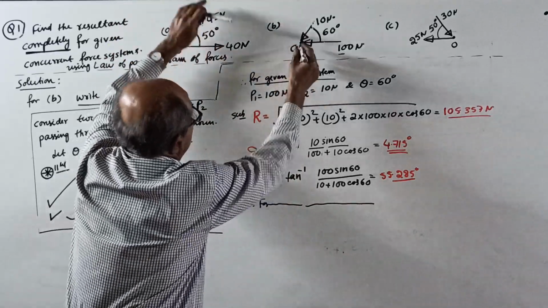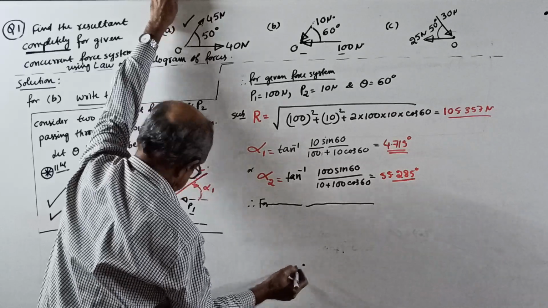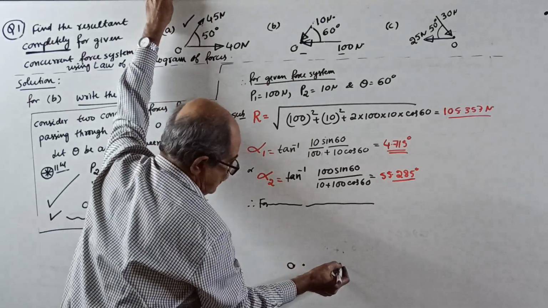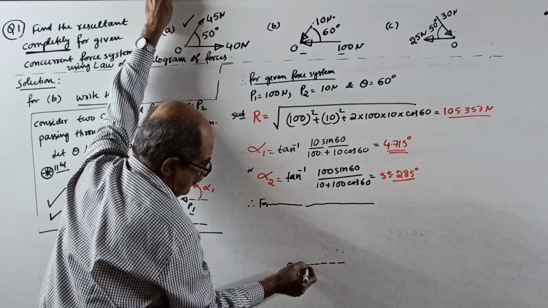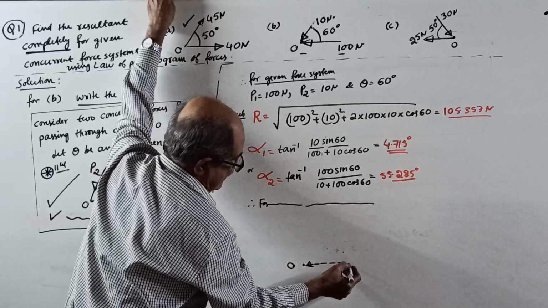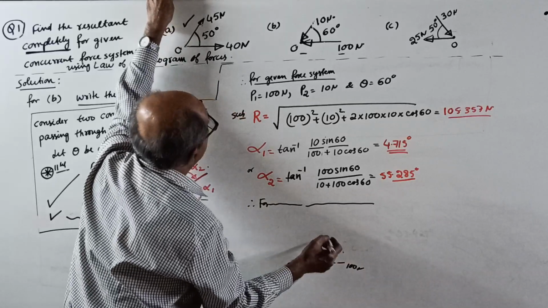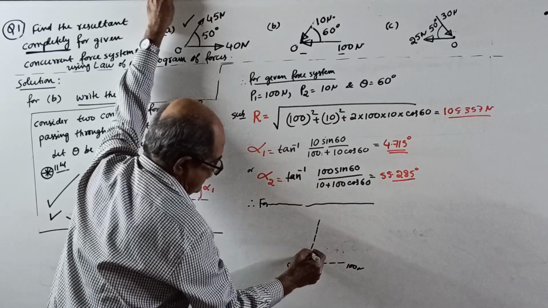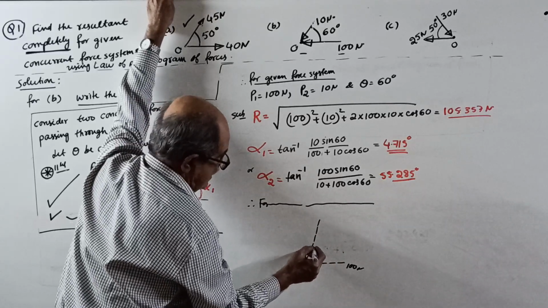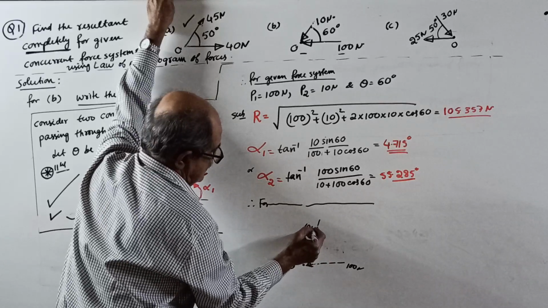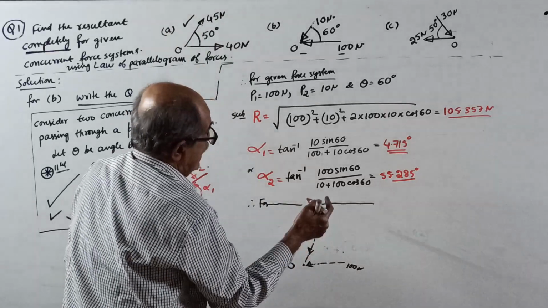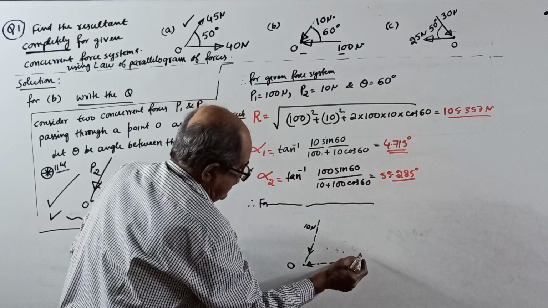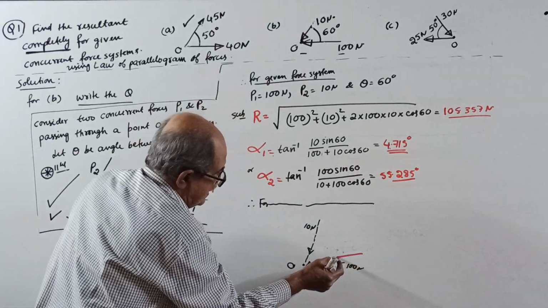Put the sketch here. Mark the point O. One force, dotted line. One force comes here of 100 Newton, the angle is 60 degrees. Reasonably 60 degrees. The other force comes this way of 10 Newton. Your angle alpha 1 is very small. See, it is almost coming here.